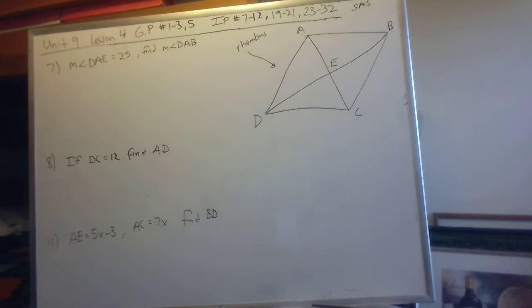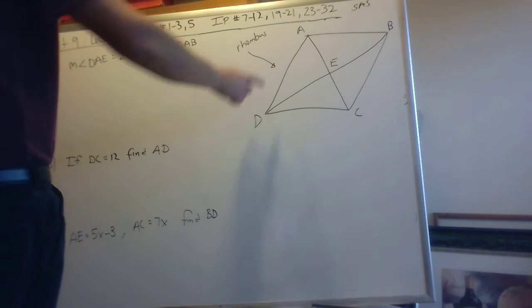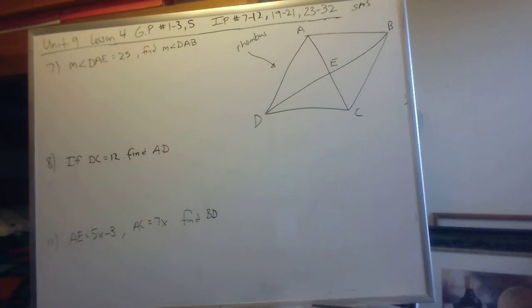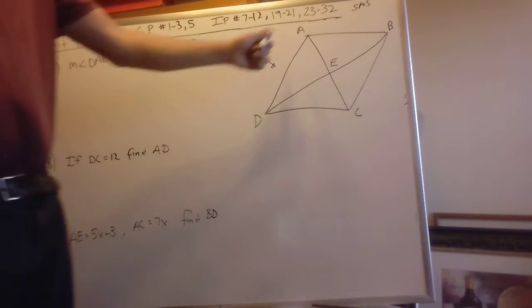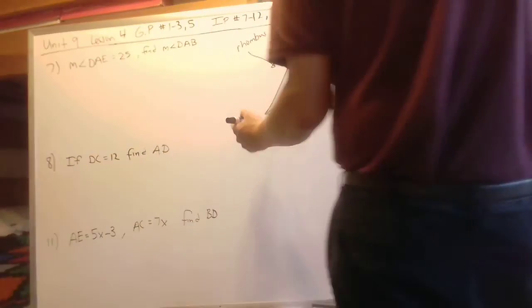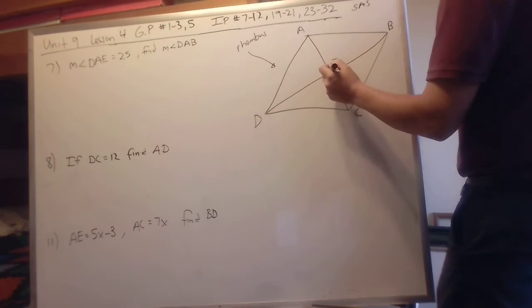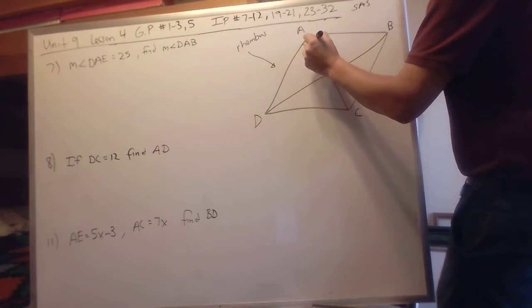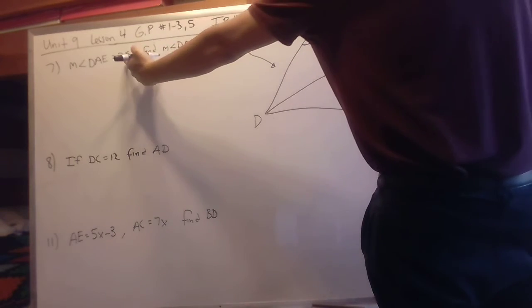So for problems 7 through 12, there's a diagram that has a rhombus ABCD and two diagonals that intersect at E. Number 7 says the measurement of DAE, so this measurement right here, is equal to 25.